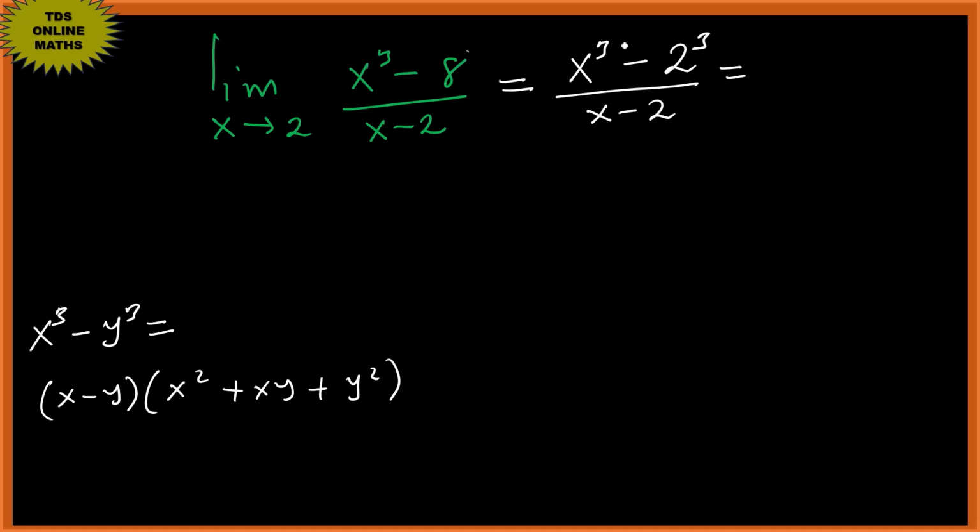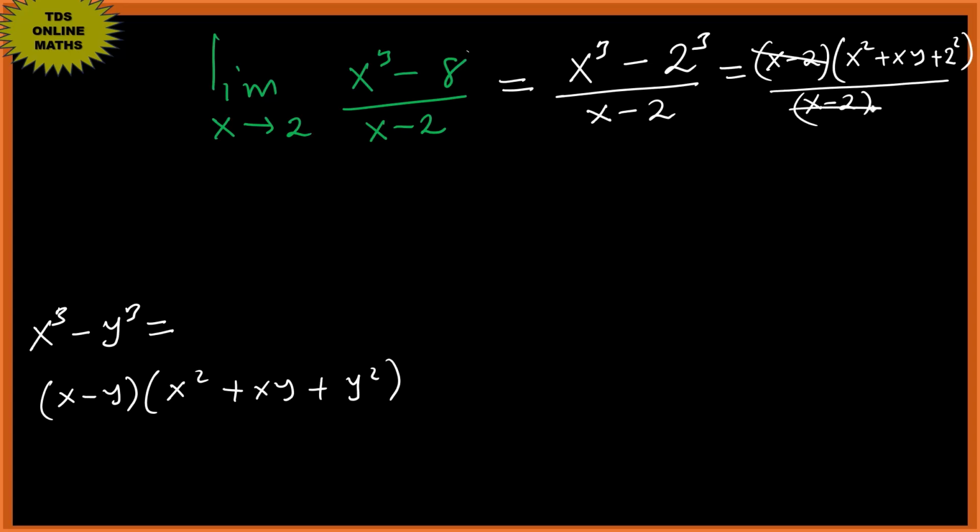We are seeing x cubed, something to the power 3 minus something to the power 3. So we have x minus 2 and we have x squared plus xy, and then we have 2 squared, on x minus 2.